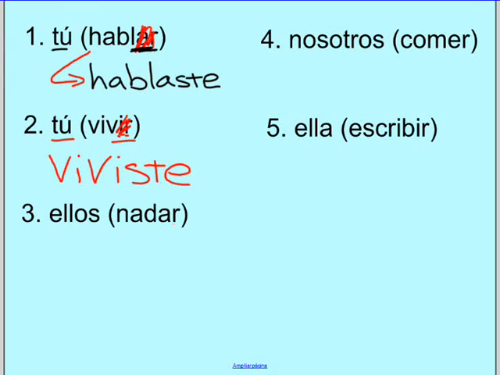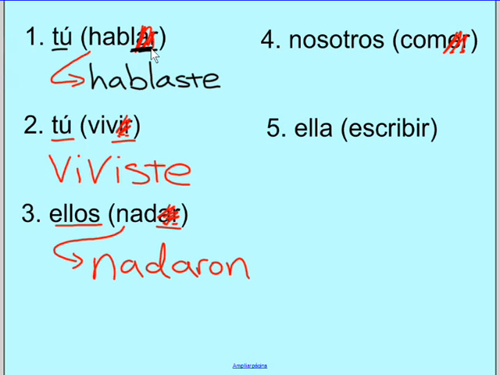Number 3, count 1, 2 from the end. Eliminate those letters. Copy the stem. Remember that it's an AR verb. Use the AR ending for ellos, which gives us nadaron. Number 4, we have comer. Count 1, 2 letters from the end. Eliminate. Copy the stem.